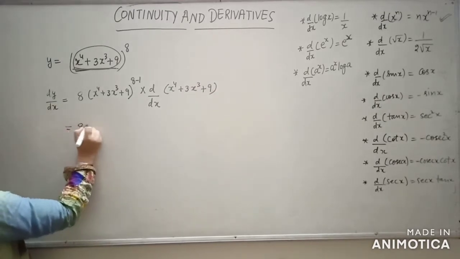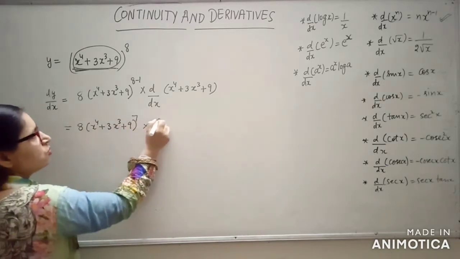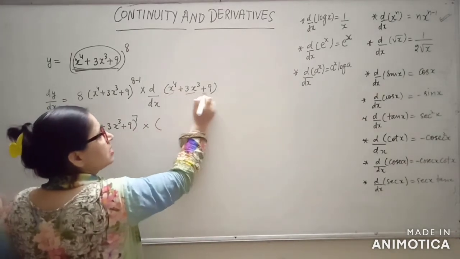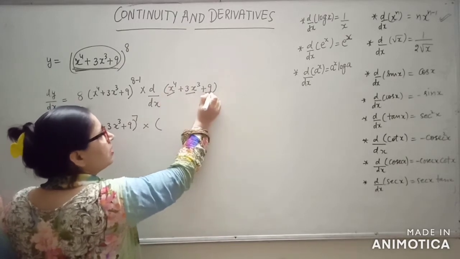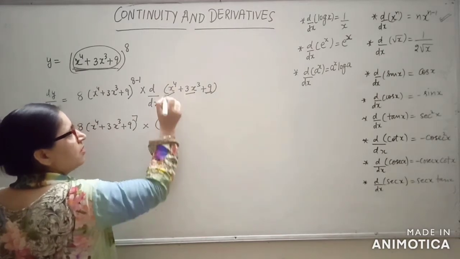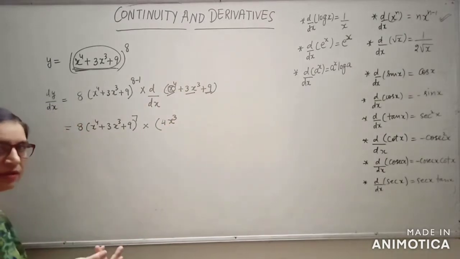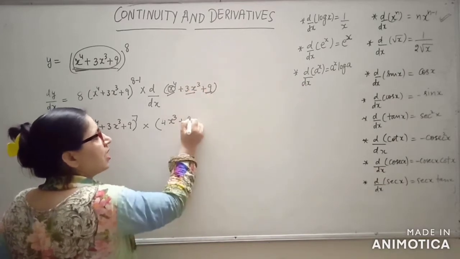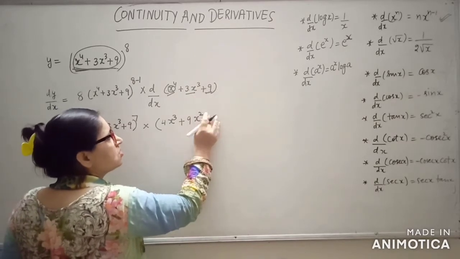So it would become 8 (4x^4 + 3x^3 + 9) raised to power 7 into, now I will take the derivative of all these terms, and because these are in addition, we will take them one by one and find the derivative. x raised to power 4 means 4, the power will come here and the power will be reduced by 1, and because the base is x, the derivative of x is 1, plus. For this, 3 threes are 9, the power will be reduced by 1, and the constant's derivative is 0, so there is no need to write it.